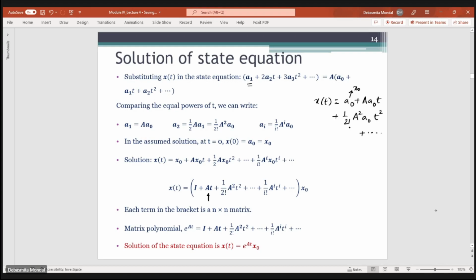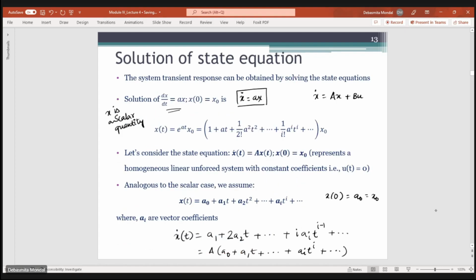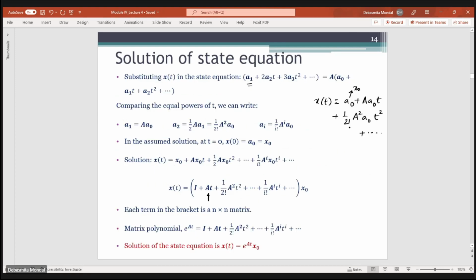And this whole term, I plus A t plus 1 by 2 factorial A square t square, you see that this is in the form of e to the power At. When we were talking about a scalar value of A, this was given by 1 plus at plus 1 by 2 factorial a square t square. So that equation and this equation are in similar form.